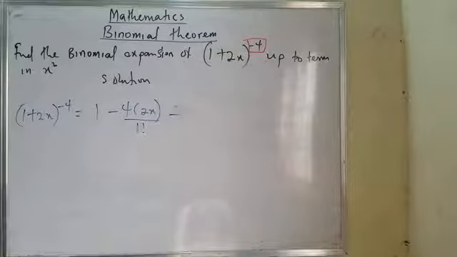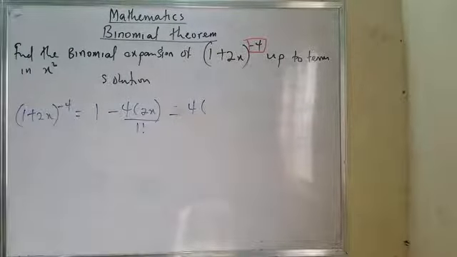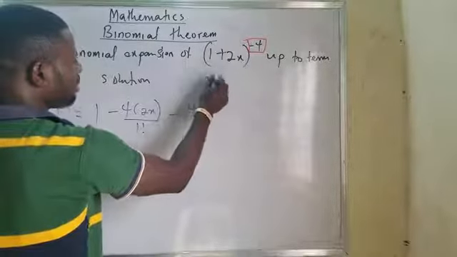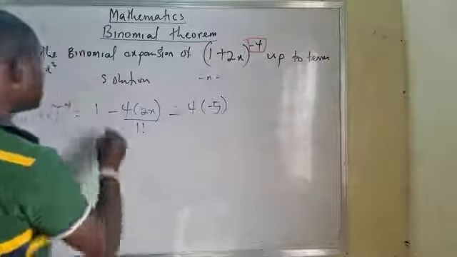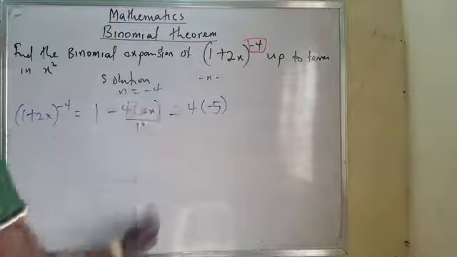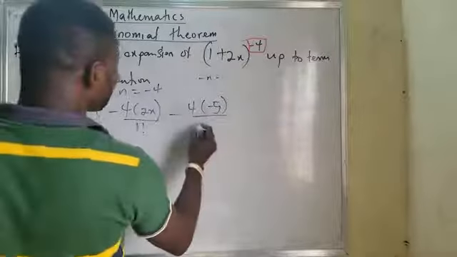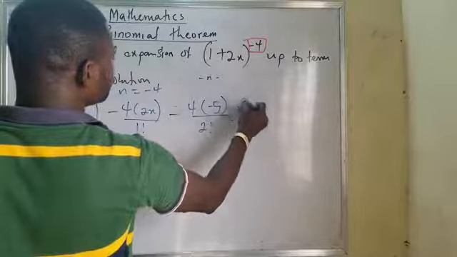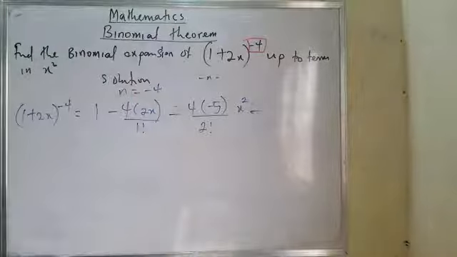Now, it will be minus 4 bracket of n minus 1, which is going to be minus 4 minus 1, which is minus 5. It means my n is equal to minus 4. That is what I'm trying to say with what I wrote earlier. This is also divided by 2 factorial, 2x raised to power 2, and I'll move on to the next one.